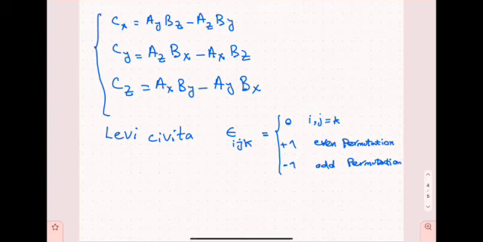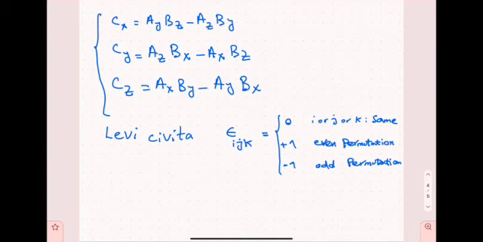Or maybe it's better to write this also as if i or j or k are the same, then we get 0.